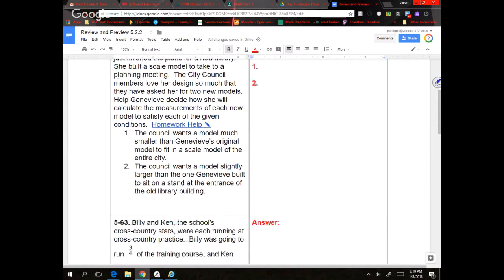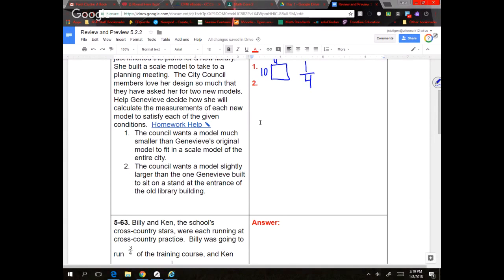Well, for example, let's just say the model is a rectangle and it's a 10 by 4. Okay? I would use the example of I'm going to make everything 1/4 as big. So I would divide both those by 4 and it gets 4 times as small. So for my first one, I can do an example of 1/4. You could have any fraction, 1/8, 1/10, 1/12. As long as it makes the model smaller, that's the whole key.